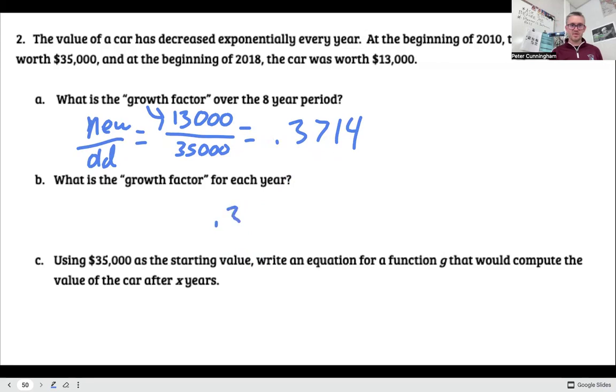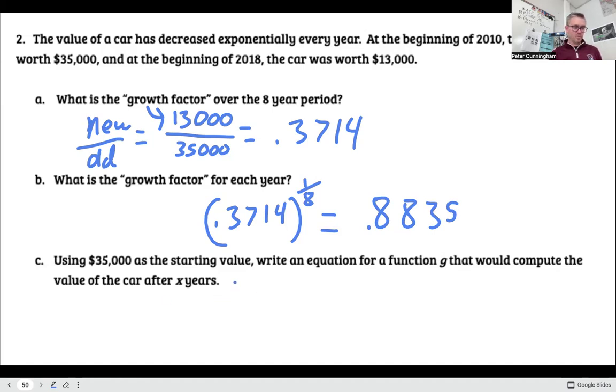So I can take that number, 0.3714. If I want to know what happened every year, right? Consider that 1 year is 1/8 of 8 years, which gives me my growth factor or decay factor. We went down to 88%, so we've gone down roughly 12%.